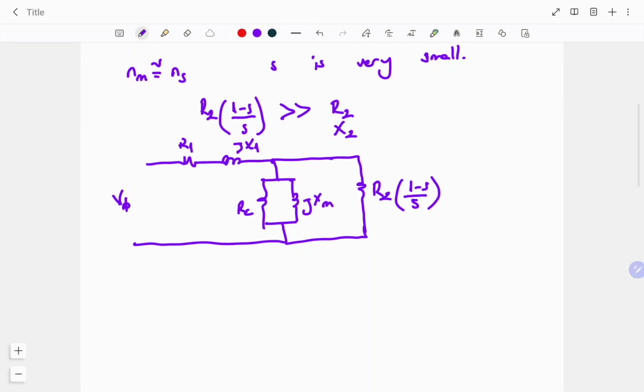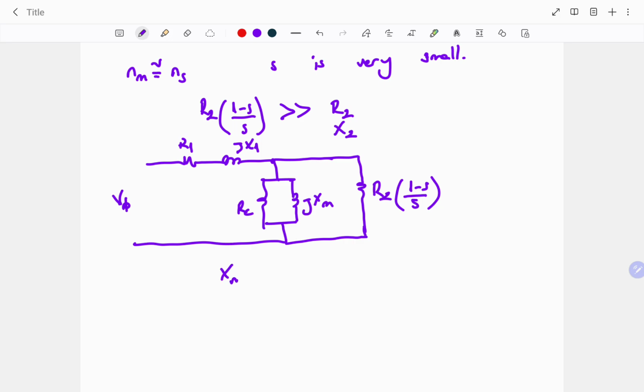Then in our simplified version, we can re-examine the relation between the parallel components XM, RC, and R2 (1 minus S over S). The smallest one with respect to the others will be XM.